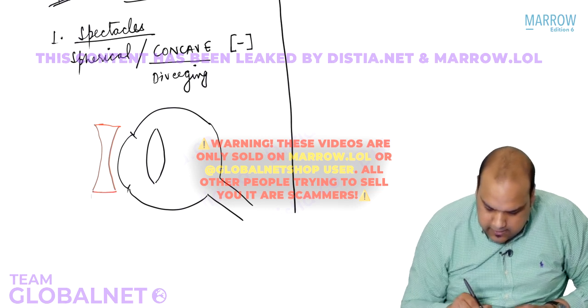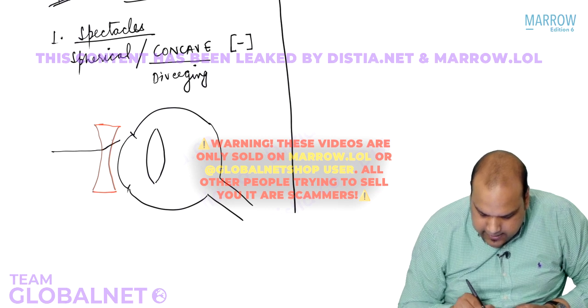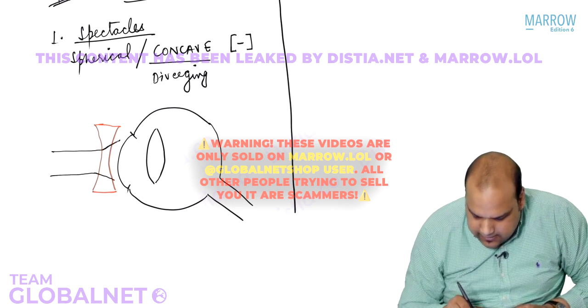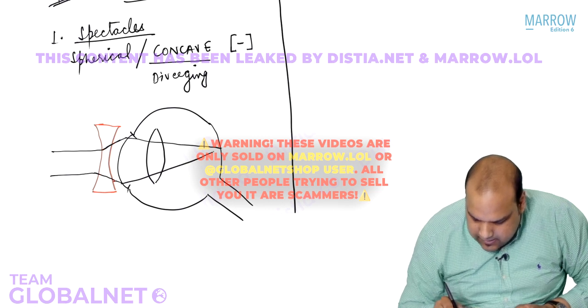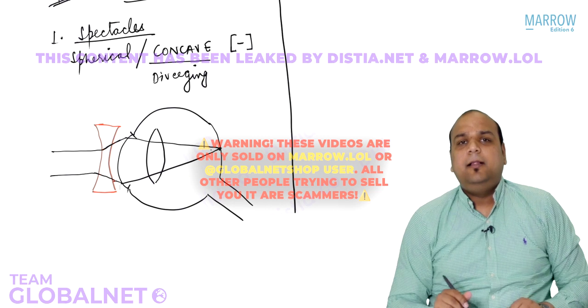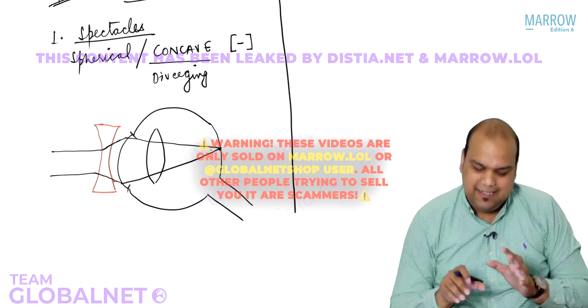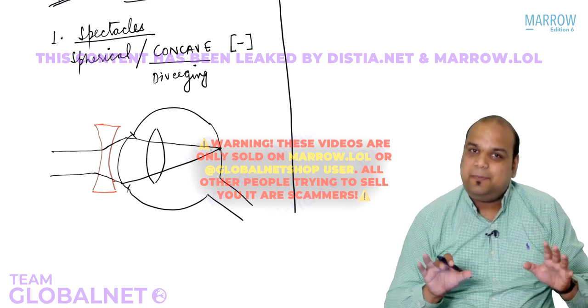Concave lens, everybody, will first lead to slight divergence, and then the light rays will converge, so that ultimately the image gets formed on the retina. So this is the treatment for myopia in spectacles.